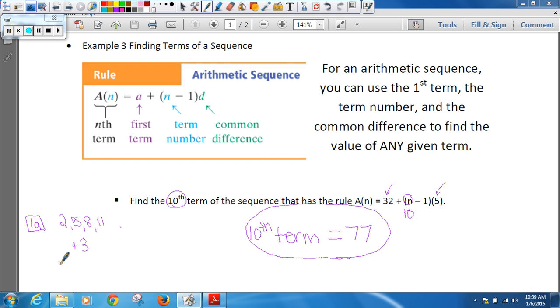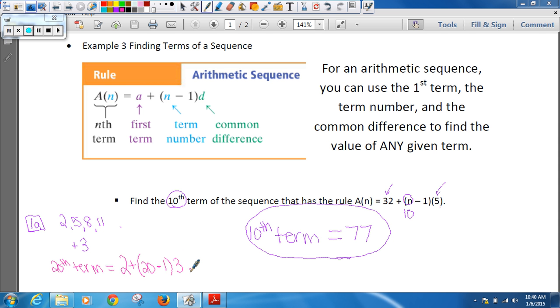Let's say we want to find the 20th term. The 20th term would be equal to the first term, which is 2, plus, make sure you put in your parentheses, the term number we're trying to find, 20, minus 1, times the common difference, which in this case is 3.